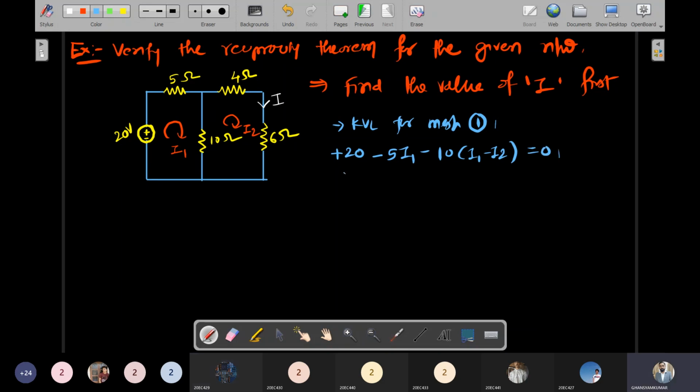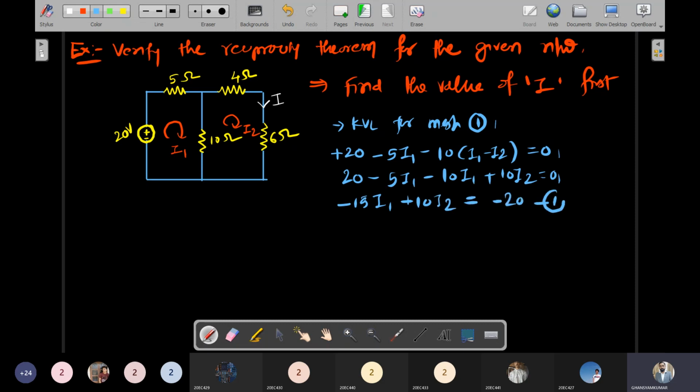When you simplify this one, you will get 20 minus 5I1 minus 10I1 plus 10I2 equal to 0. Simplifying, you will get minus 15I1 plus 10I2 equal to minus 20. So this will be our first equation.